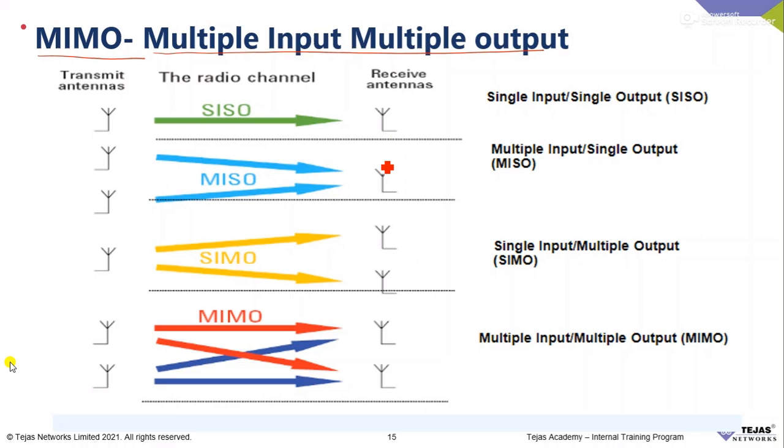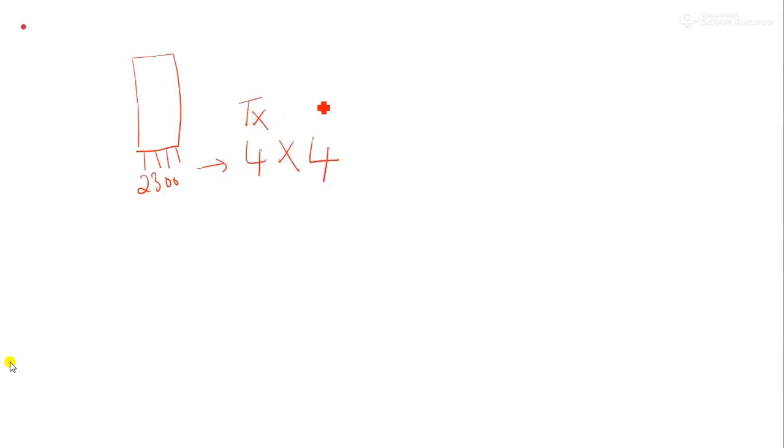Now we have multiple antennas or multiple transmitters. That's why it is called MIMO. SISO means single input, single output, right? MIMO means multiple input, multiple output. Now, let's say there are 4 antennas here.